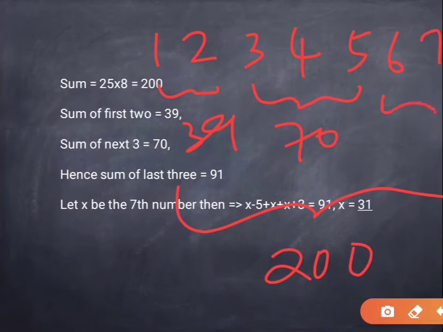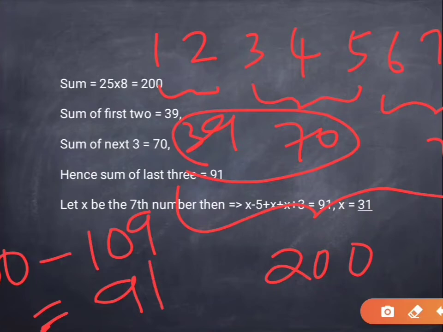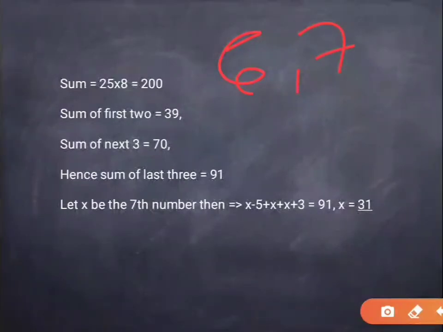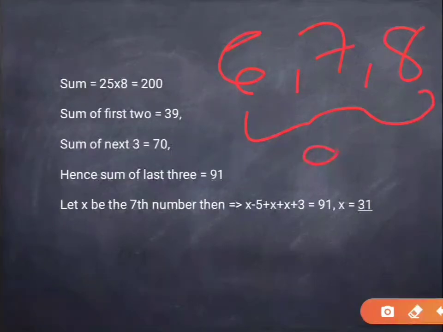Then what will be this? 200 minus (39 plus 70), that is 200 minus 109, which is equal to 91. Therefore, the sum of last three numbers, that is 6th, 7th and 8th numbers, will be 91.